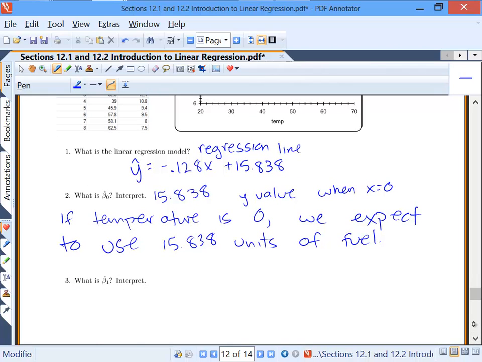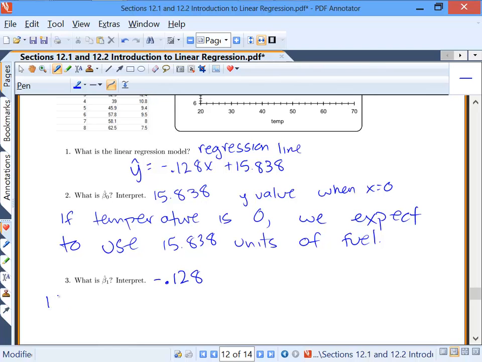Now, beta hat 1 is our slope. So our slope in this case is negative 0.128. And we always interpret slope as rise over run.